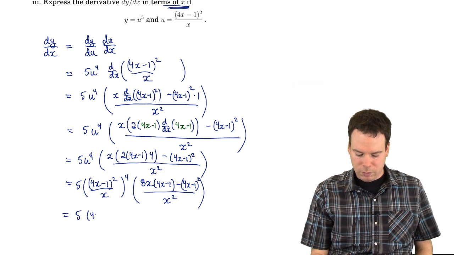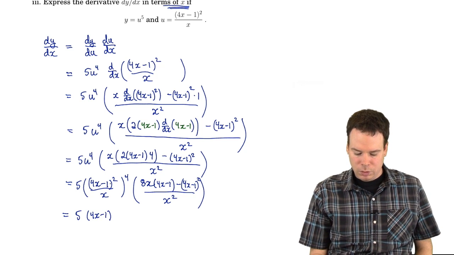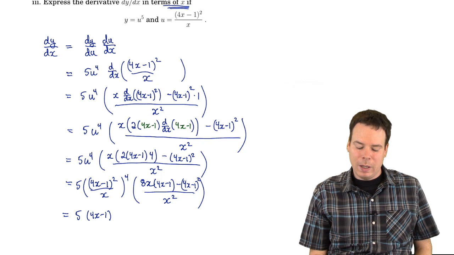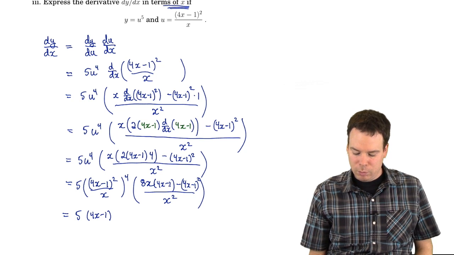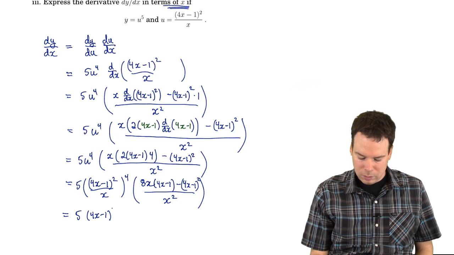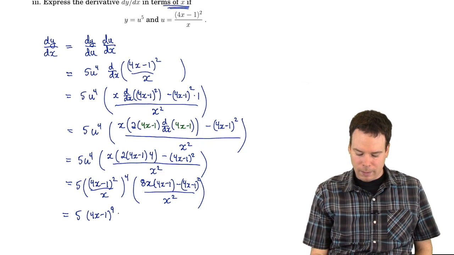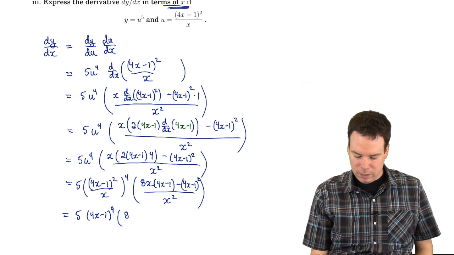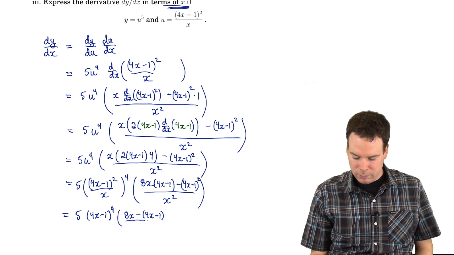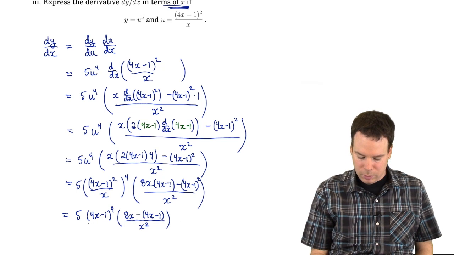And we can simplify this a little bit more. We have a factor of (4x minus 1) squared and then raised to the 4th power, so that's to the 8th power. But then we can also factor one of the (4x minus 1)s out of these two terms, so that should be to the 9th power. And then what's left in here is an 8x minus a (4x minus 1), and all of that is over an x squared, but this one was all over an x to the 4th.